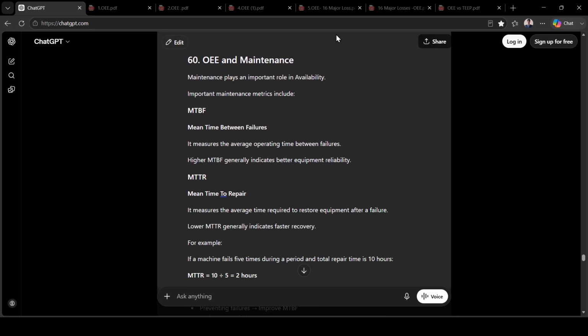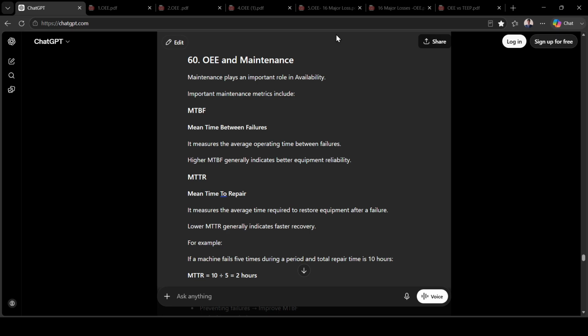OE and maintenance. Maintenance plays an important role in availability. Important maintenance metrics include MTBF, mean time between failures. It measures the average operating time between failures. Higher MTBF generally indicates better equipment reliability. MTTR, mean time to repair. It measures the average time required to restore equipment after a failure.